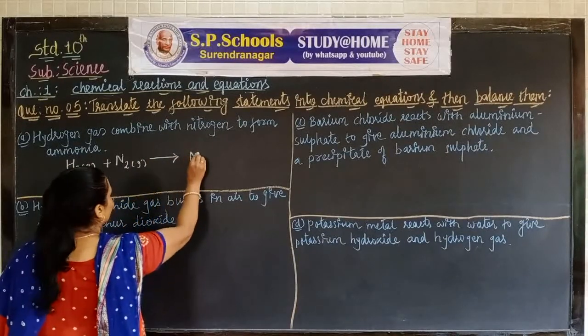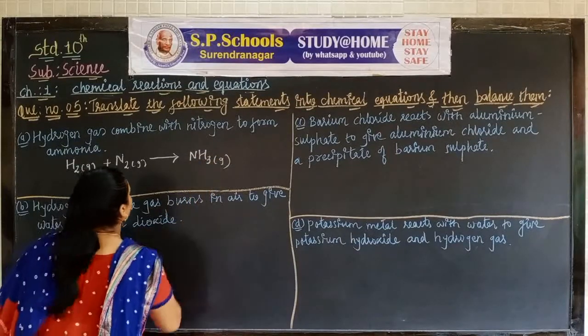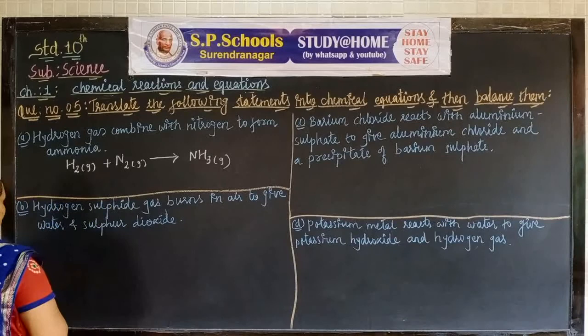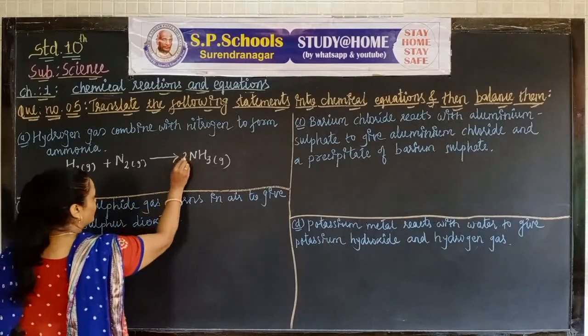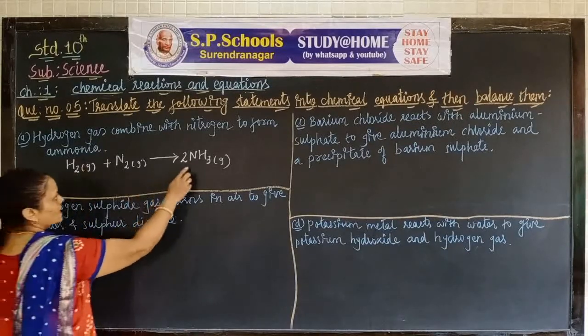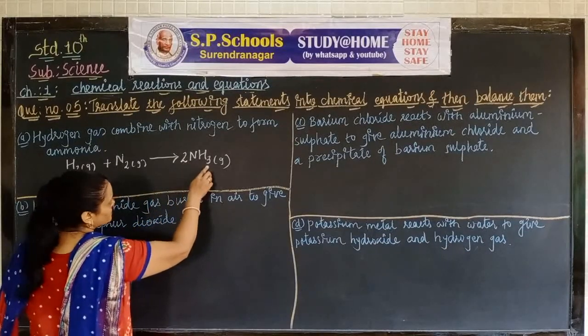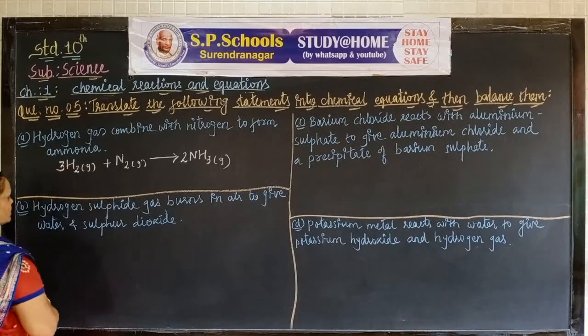Molecular formula for ammonia is NH3, which is also in gas form. To balance the equation, here 2 atoms of nitrogen, so we put 2, but the imbalance of hydrogen in reactants, so 2 3s are 6, so we write here 3, 3 2s are also 6.